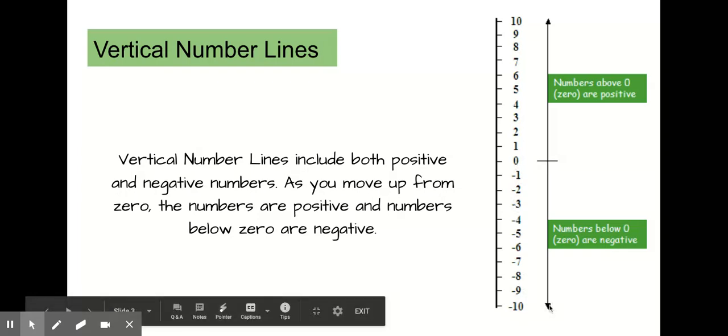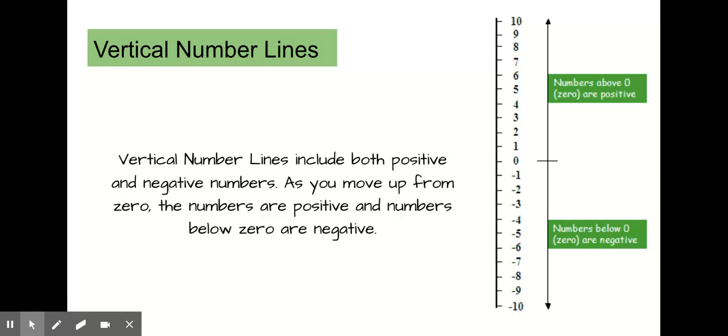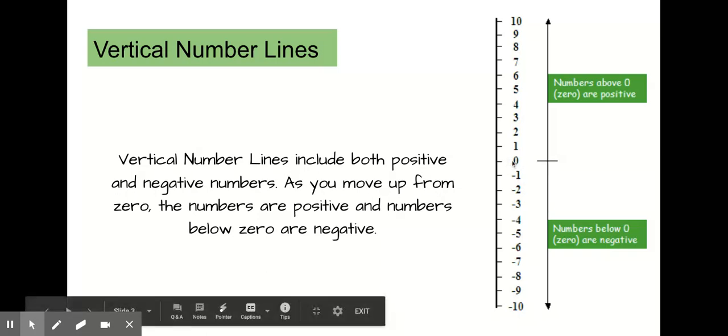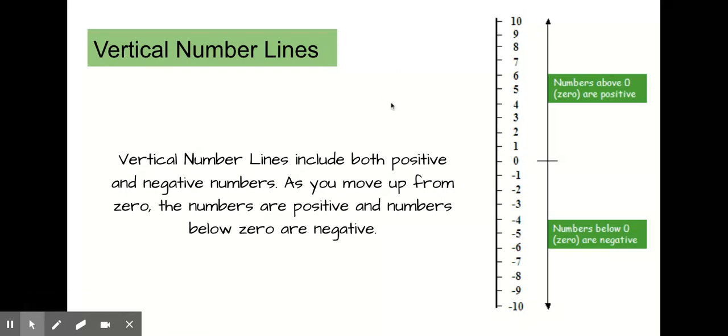The best example of a vertical number line is probably a thermometer. So if you drop below 0, you'd be in the freezing category. And then the numbers moving up from 0 would be positive.